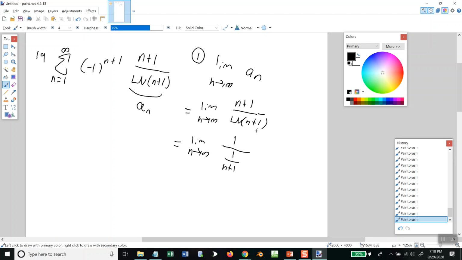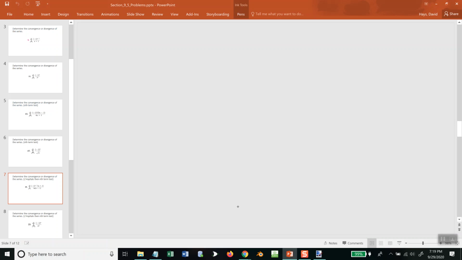But the derivative of n plus 1 is 1. And you flip this, multiply times the top, and that gives us n plus 1 over 1, or just n plus 1. And then if I were to study it as it goes to infinity, it goes to what? Infinity.